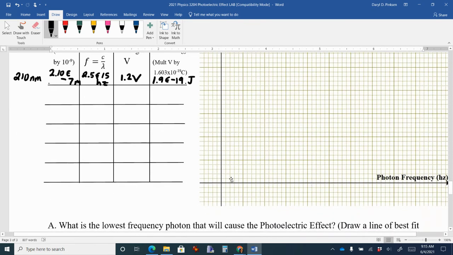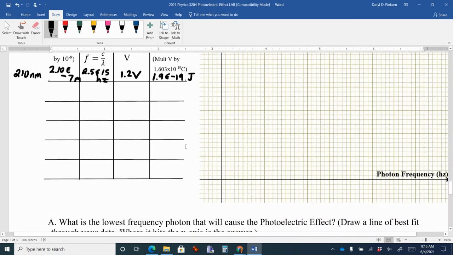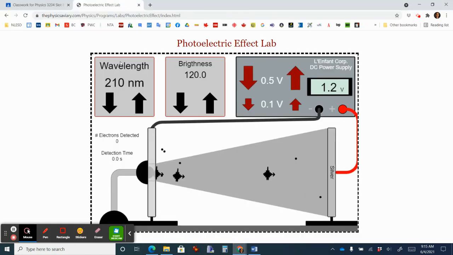So eventually you're going to graph this over here. The photon frequency will go on the x-axis, and the stopping voltage is going to go on the y-axis. Now we just need to get at least four more wavelengths. So I can go up or down, whatever, just go down by a random amount.